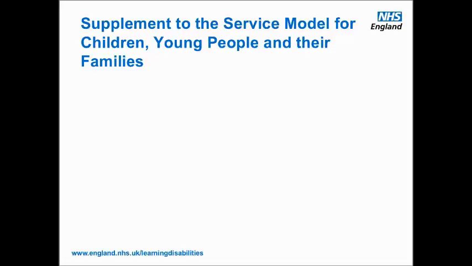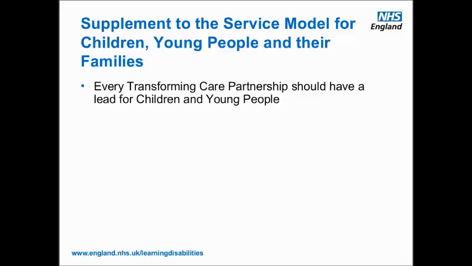That document is going to be a supplement to the service model that specifically looks at children, young people, the family, and their specific needs in relation to the 9 principles. It sets out, first of all, the need for a lead for children and young people in Transforming Care Partnerships. But one of the things that we've noticed when we've looked at the plans that are available from Transforming Care Partnerships is that children and young people's needs are not always well addressed.